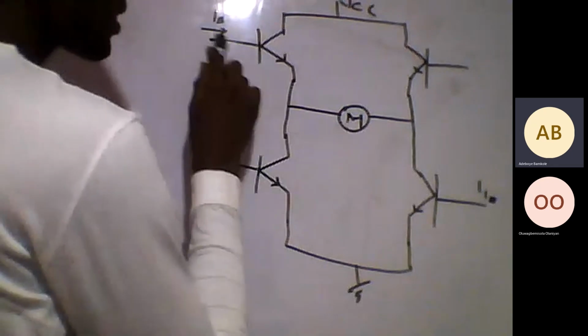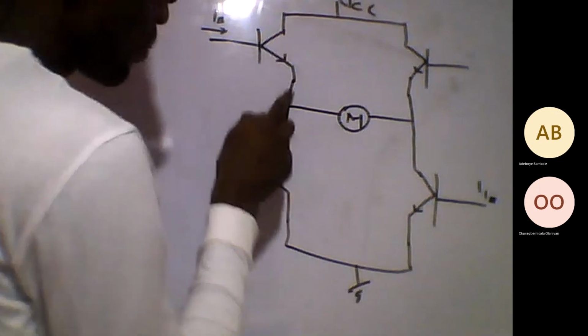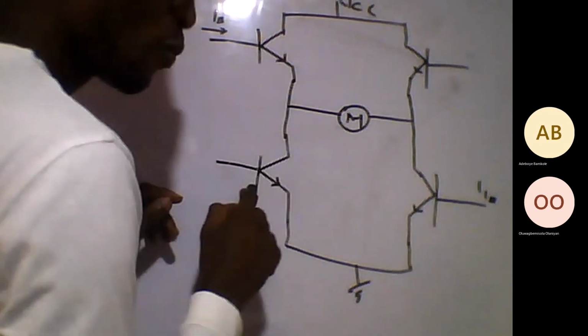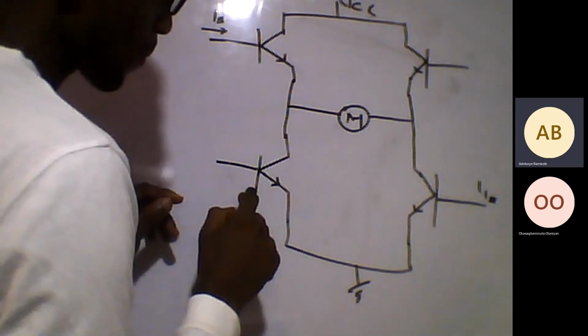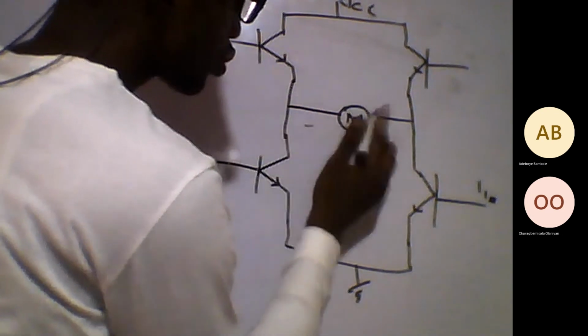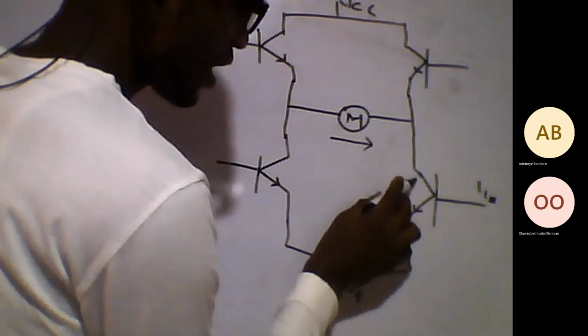Current will be supplied at the emitter and begin to flow. It comes this way, but it cannot go down here. Why? The gate here has not been opened. Yes, sir. But then it goes in here, it goes through the electric motor in this direction, and comes here.